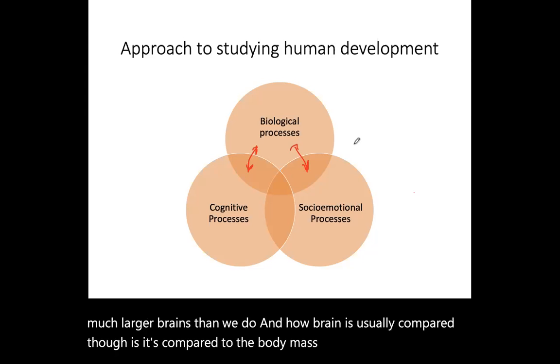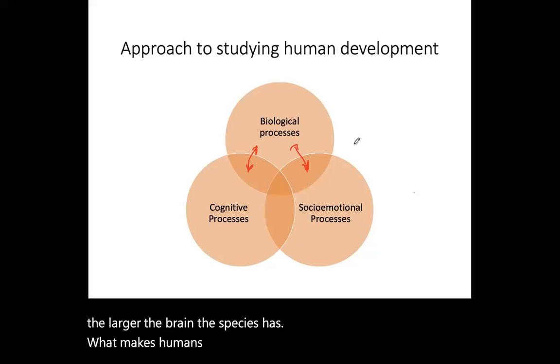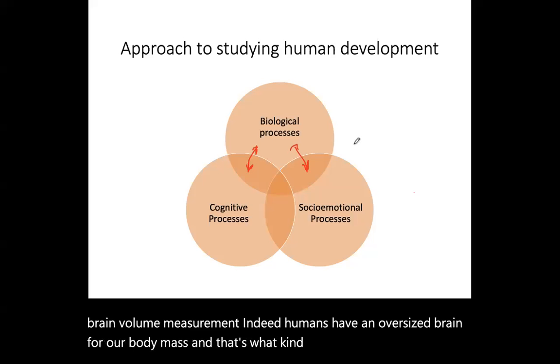The larger the body mass, the larger the brain the species has. What makes humans unique is that we deviate from this mass to brain volume measurement. Indeed, humans have an oversized brain for our body mass. And that's what sets humans aside from other species.